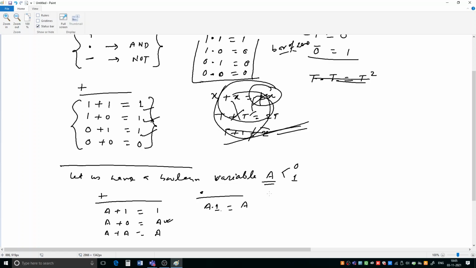How? Suppose A is 0, so it will become 0 dot 1. 0 dot 1 means what? It will be 0.